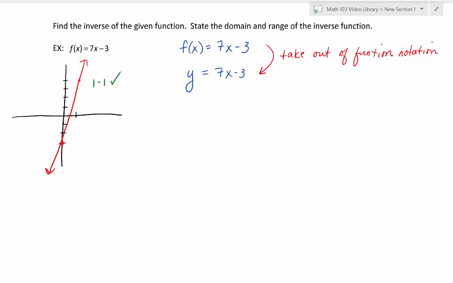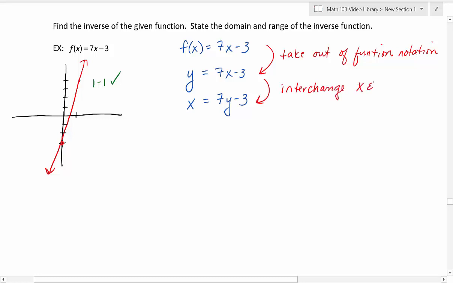Next, we want to interchange x and y. So everywhere there's an x, put a y, and everywhere there's a y, put an x. Now we want to solve for y.